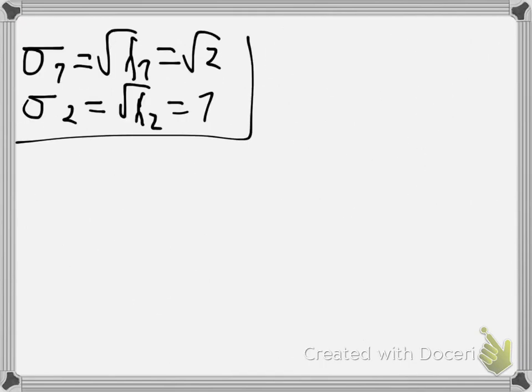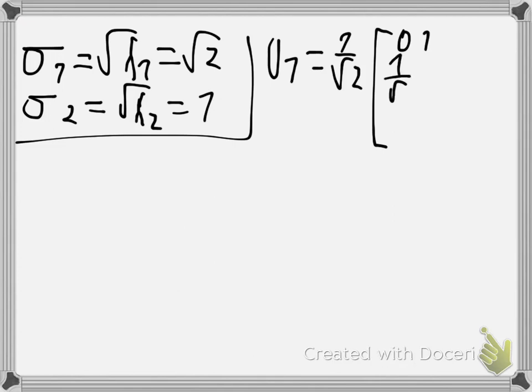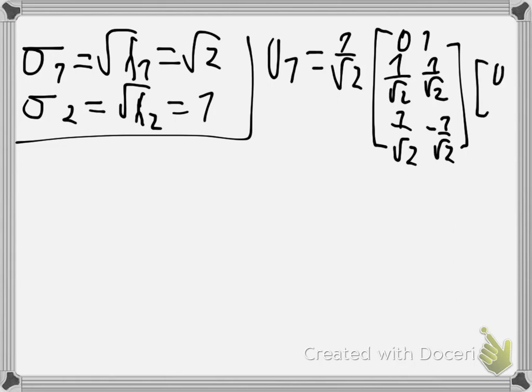So I know that u1 will be 1 over square root of 2 times A, which is the following, times v1 which is 0, 1.